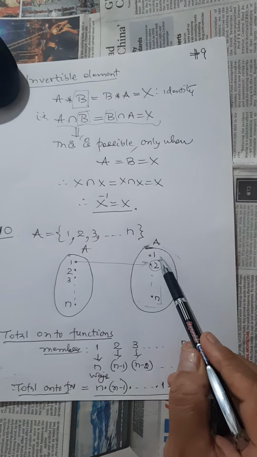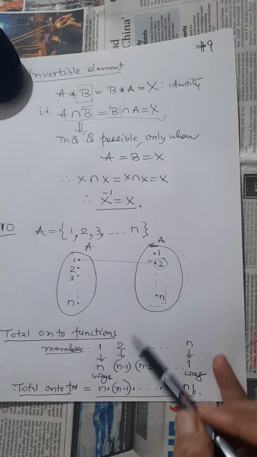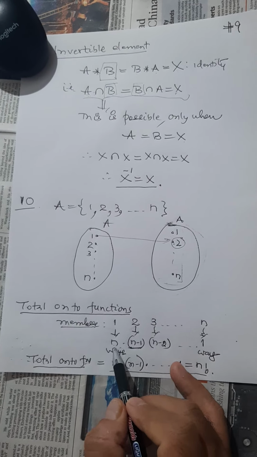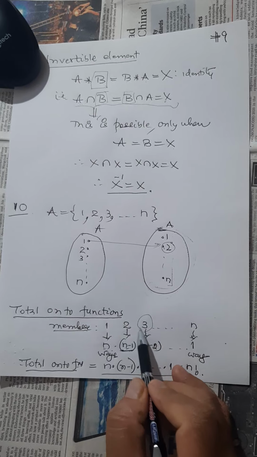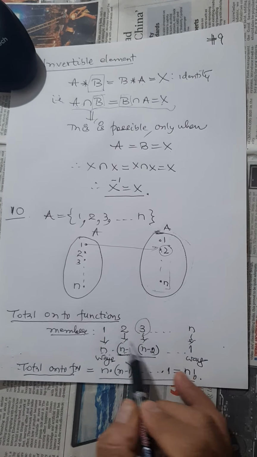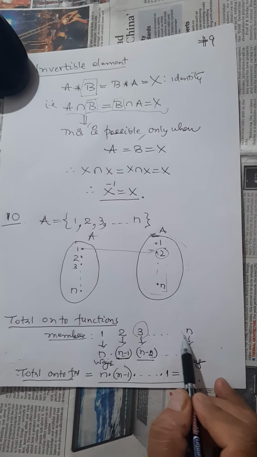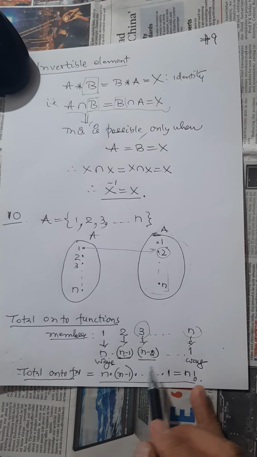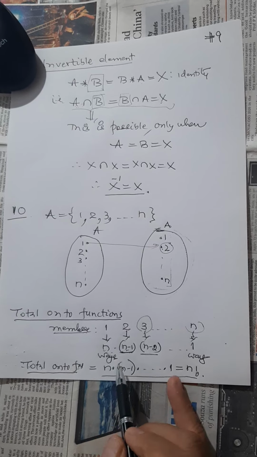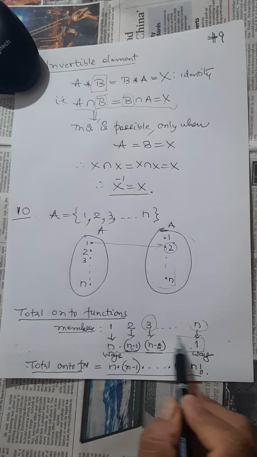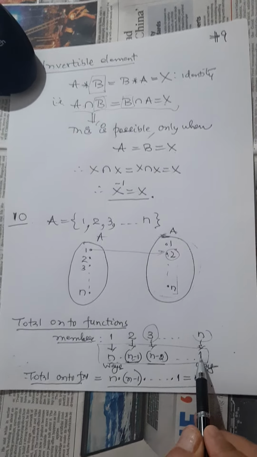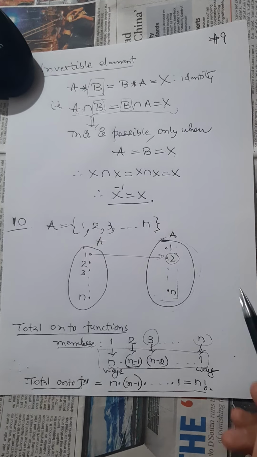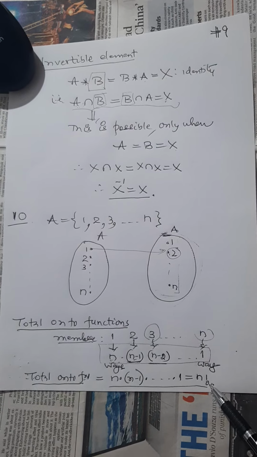So for the second member I would have n minus 1 possibilities, since one object is already used. For the third member you are left with n minus 2, and so on. For the last member you are left with just 1 possibility. So the total number of ways by the counting principle is the product n into n minus 1 up to 1, which is n factorial. So the total number of onto functions from a set to itself is n factorial.